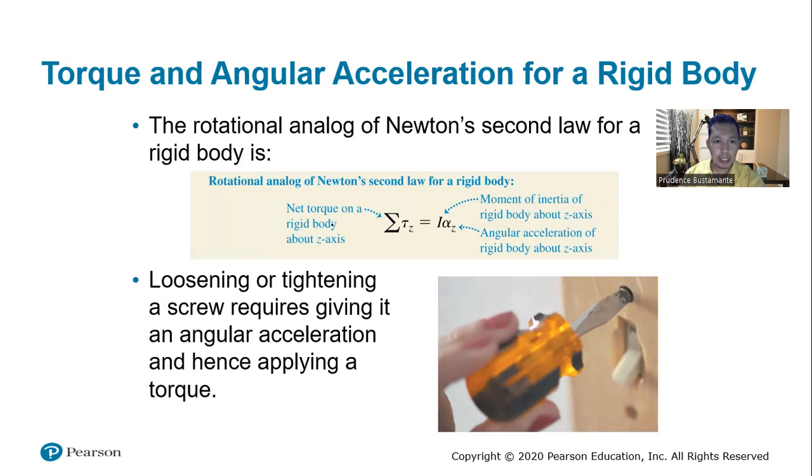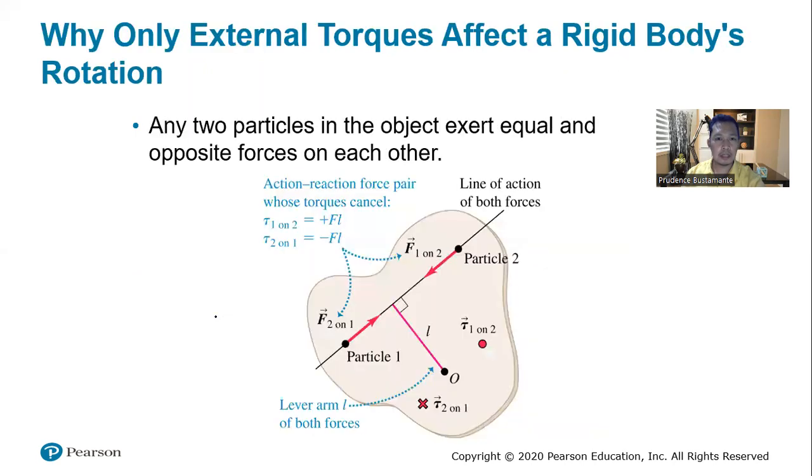The net torque on a body about the z-axis is equal to the moment of inertia of the rigid body about the z-axis times the angular acceleration of the rigid body about the z-axis. Loosening or tightening a screw requires giving an angular acceleration, hence it requires applying a torque.